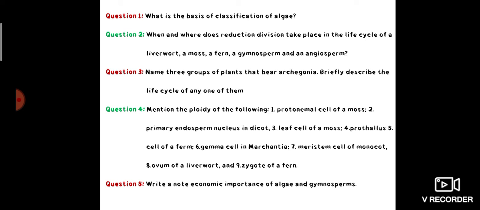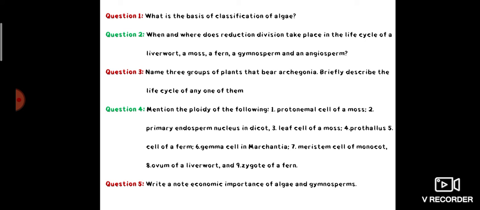Normally in liverwort, moss and fern during sexual reproduction, the sporophytic phase of the plant produces haploid spores after meiosis, which happens in the spore mother cell.